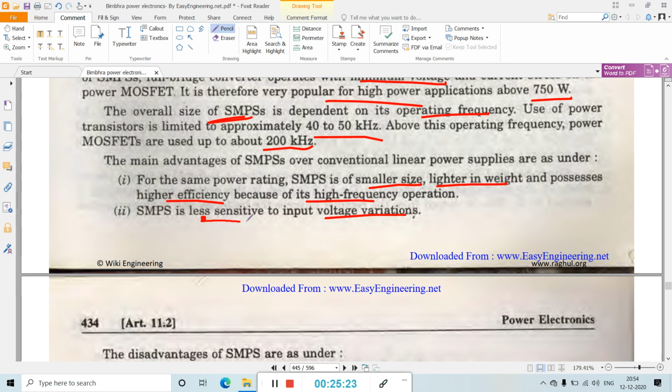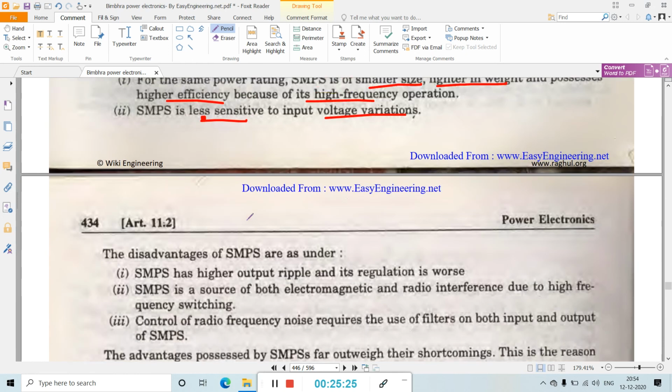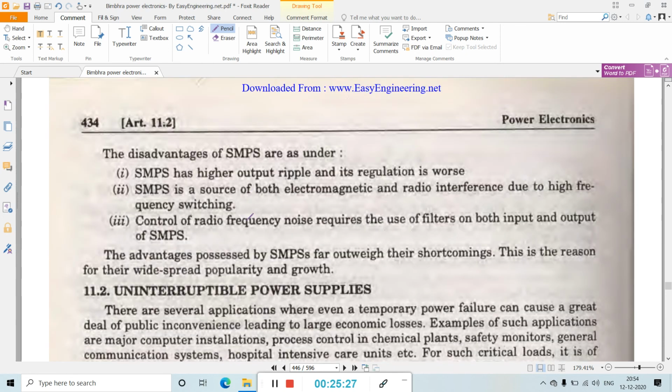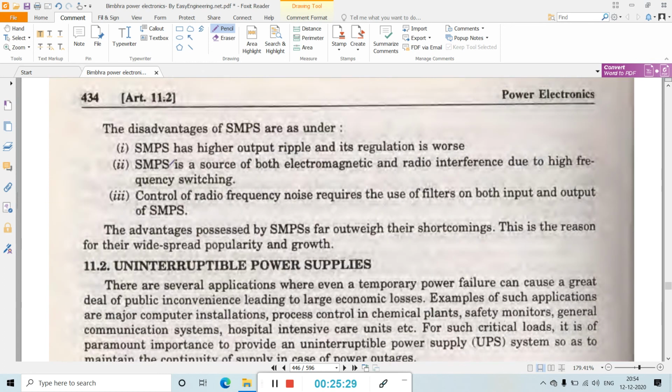Then the disadvantages of SMPS are, it has higher output ripple and its regulation is worse. SMPS is a source of both electromagnetic and radio interference due to high frequency switching. And the last one is control of radio frequency noise requires the use of filters on both input and output of SMPS.